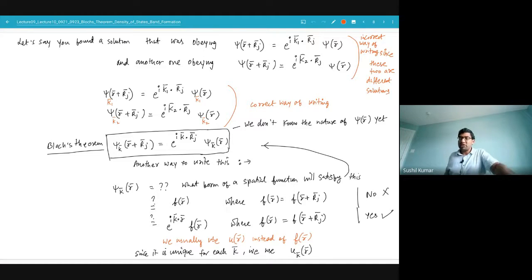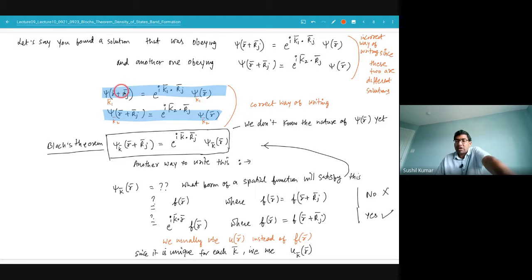So let's say Michael chooses a vector k1, Ian chooses a vector k2. The wave function that Michael gets has this property right here on the top. The wave function that Ian chose has this property. But these wave functions are not the same because their properties are different.